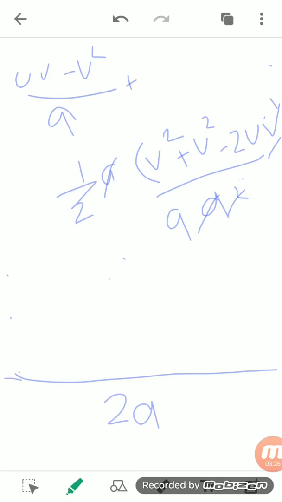Now it will be 2uv minus 2u square plus v square plus u square minus 2uv.